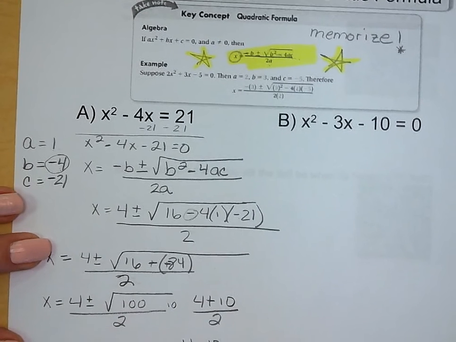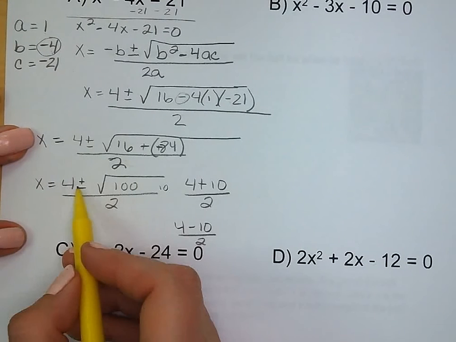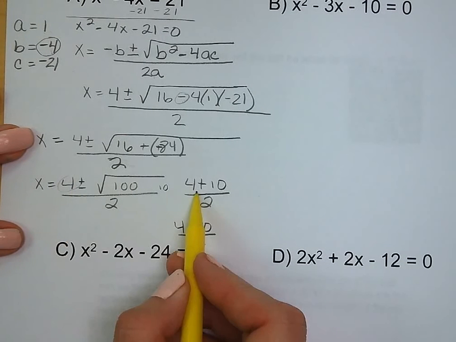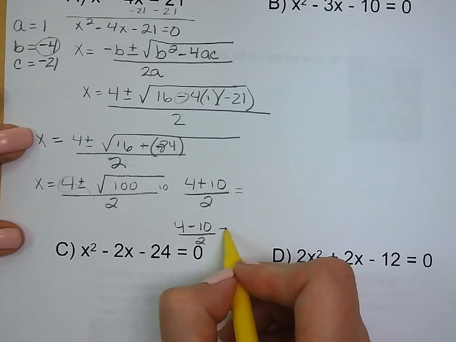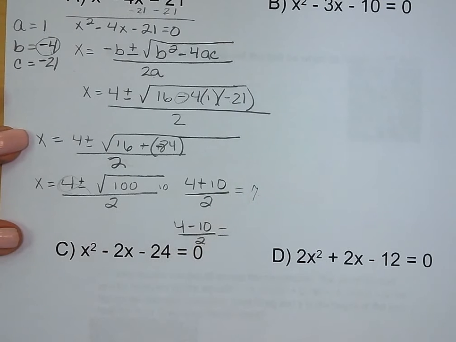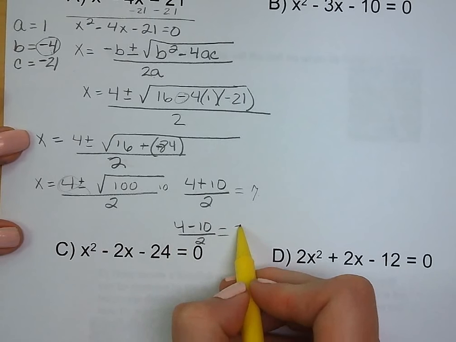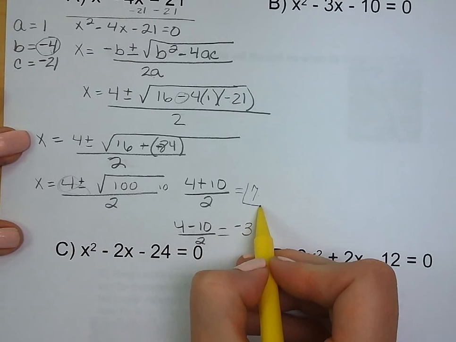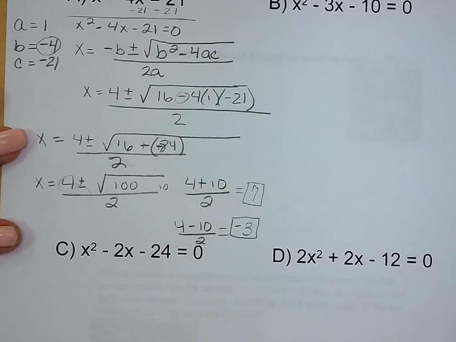Okay, so we have 4 plus 10 divided by 2 and 4 minus 10 divided by 2. 4 plus 10 is 14, divided by 2 is 7. 4 minus 10 is negative 6, divided by 2 is negative 3. So your two solutions are x equals 7 and x equals negative 3.